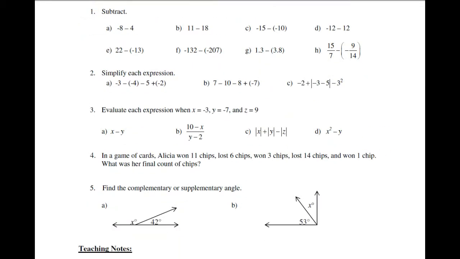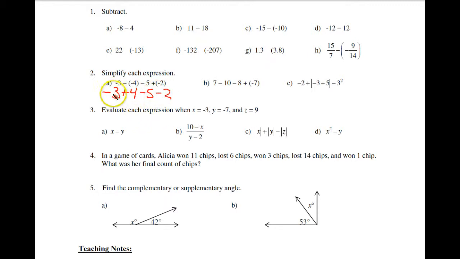Here we're asked to simplify, and again, the rules of operation apply. What do we have here? Well, this is going to be a negative 3. The opposite of a negative makes this a positive. This is a negative 5, and this is going to be a negative 2.